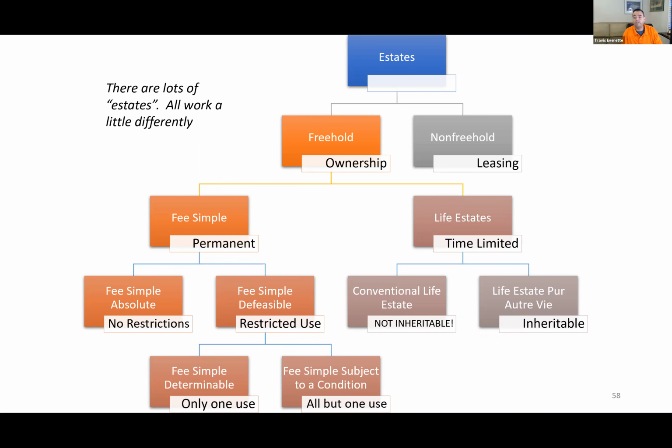There are a lot of different potential relationships that could be in play when you look at these different ownerships and rentals, right? This will make sense in a little bit. So when you look at this chart, I expect it to be overwhelming. What I don't expect is for it to be overwhelming when we get to the end of today, because we're going to work through all of these different interests.